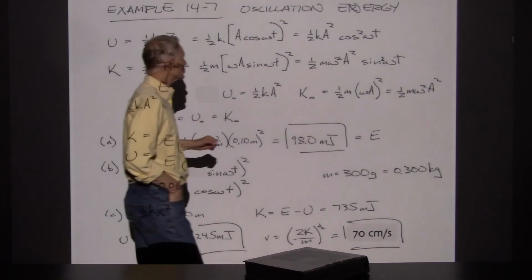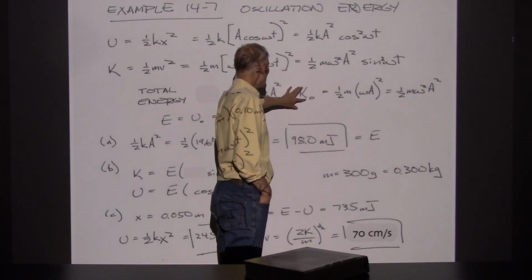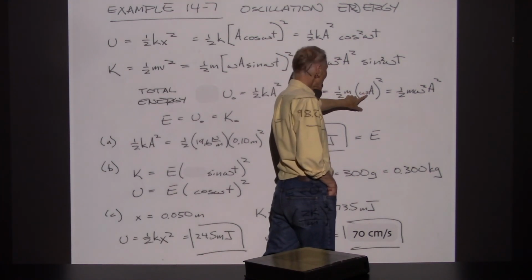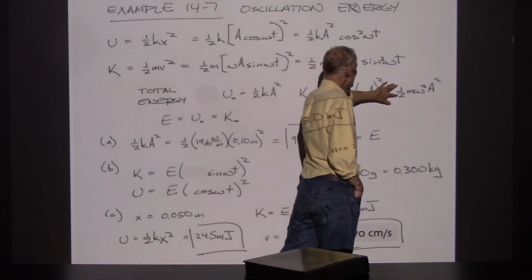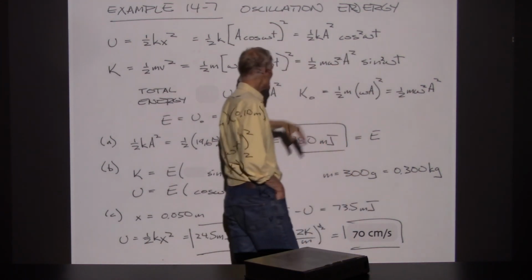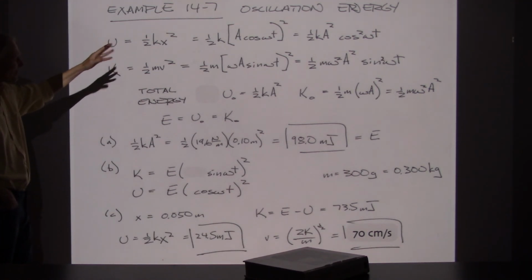So, yeah, I guess this is just a restatement. The maximum kinetic energy, 1/2 m v max squared, which gives us 1/2 m omega squared a squared, which is right there. So let's start running through the parts of the problem. We got this stuff set up that we needed.